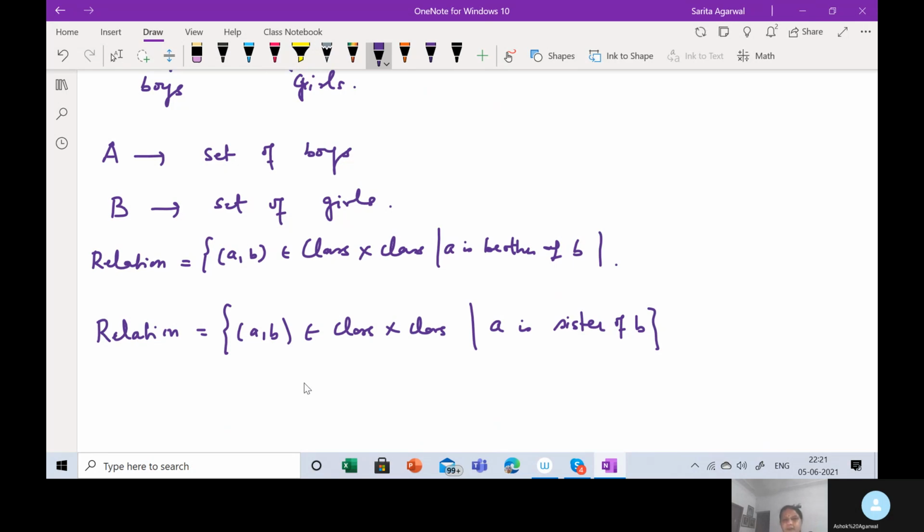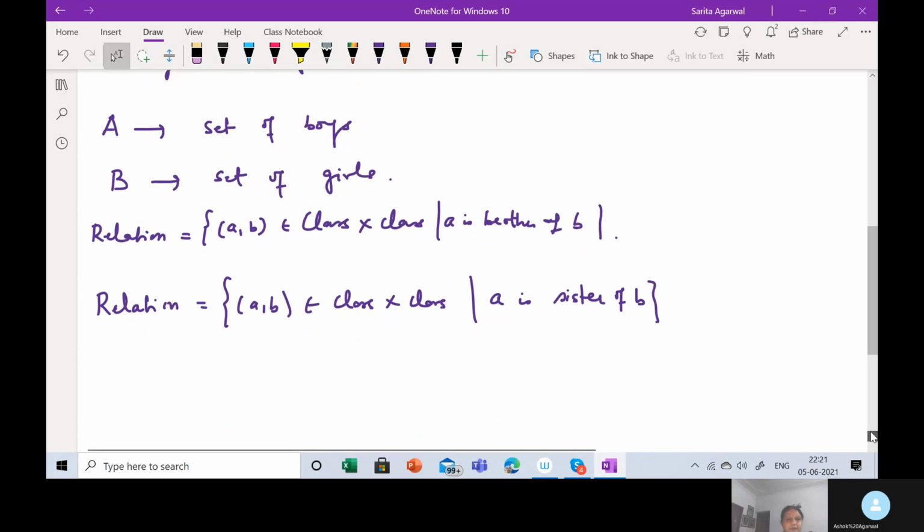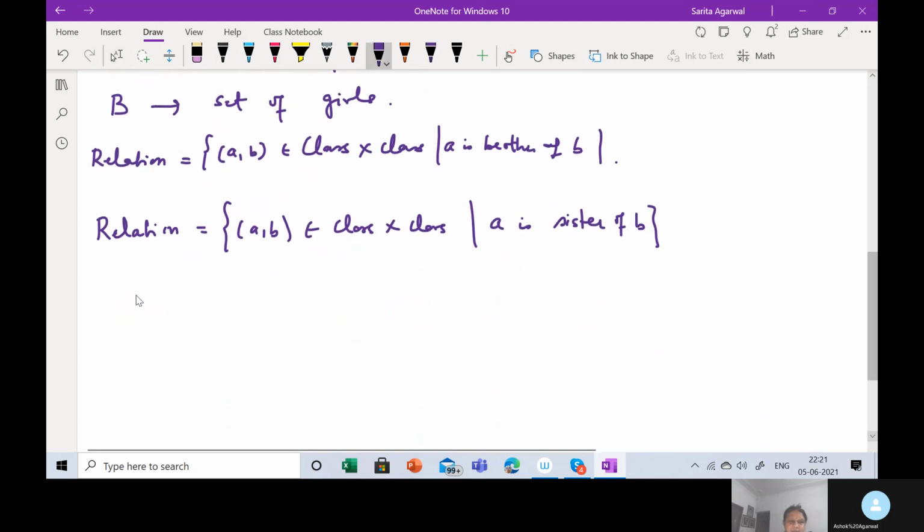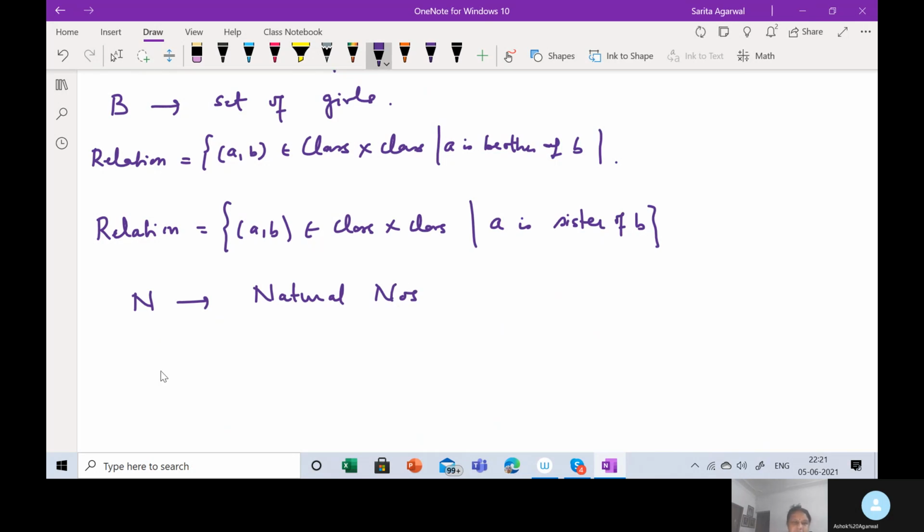We studied natural numbers, right? In natural numbers, we have three types of relations. Consider the set of natural numbers. We have three relations, and these three relations are less than, equality, and greater than.